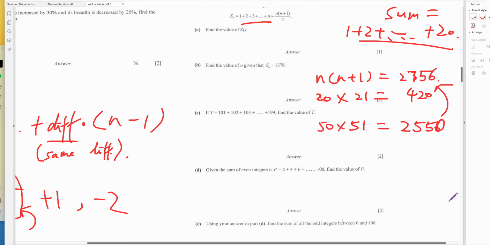So you test somehow, that's how you get your n. If you take 51, the next one will be 52. No, it should be 50 something times 50 something.